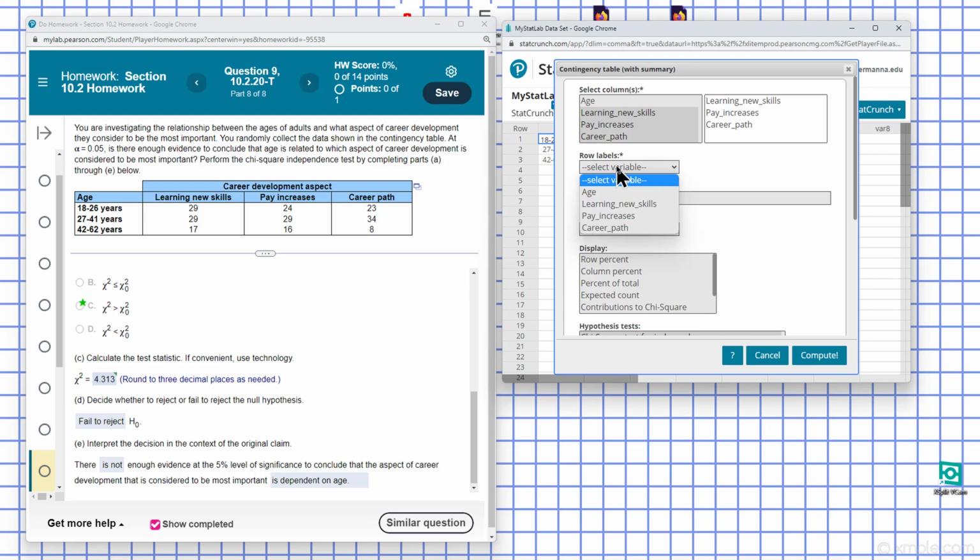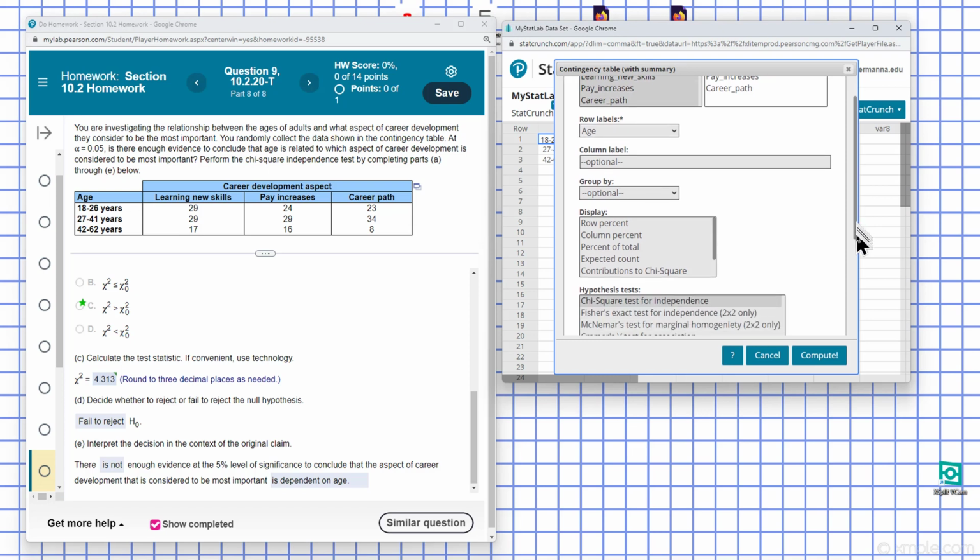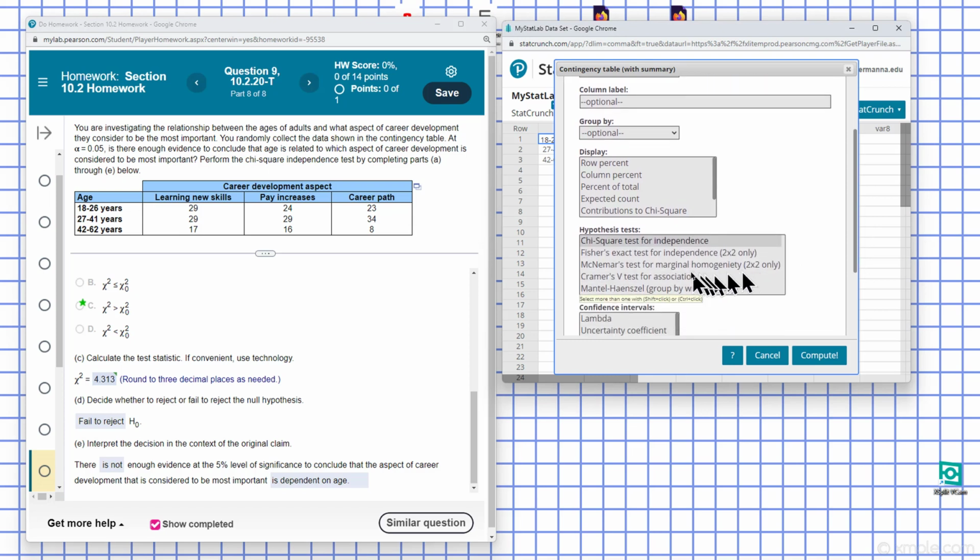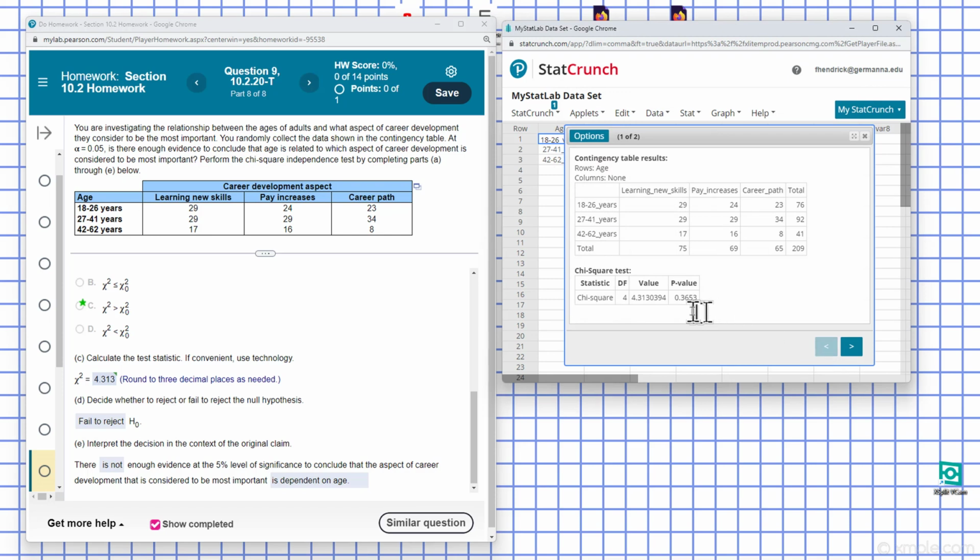Row labels, so age. Let's see our chi-square test for independence. You select that, and hit compute. And that gives us our test statistic, which happens to be 4.31.